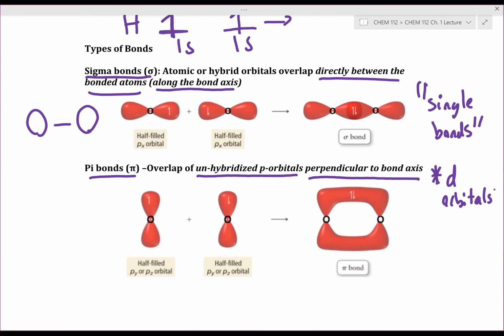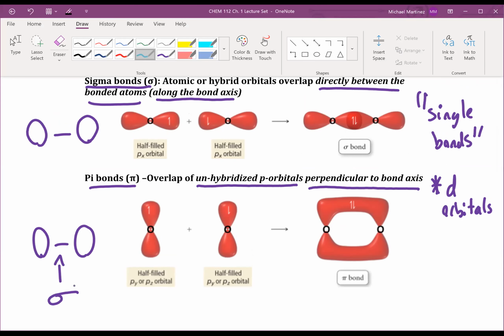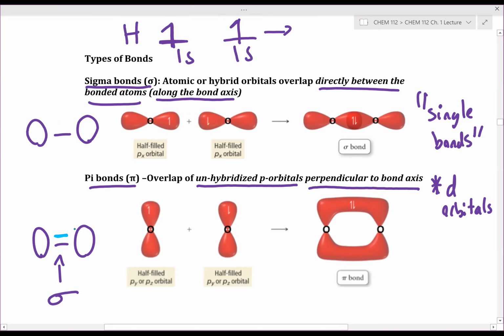Now, in this case, we have our oxygen-oxygen single bond. So this single bond is our sigma bond. Let me make that a little more clear. And now our double bond is our pi bond. So this double or triple bond consists of a pi bond.